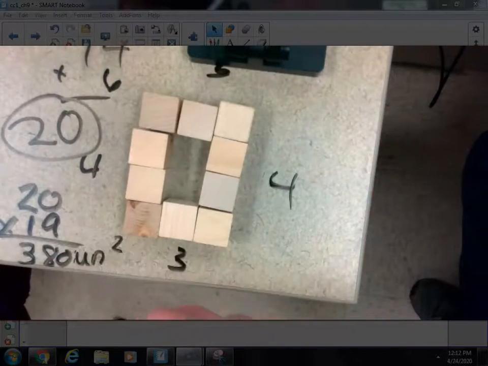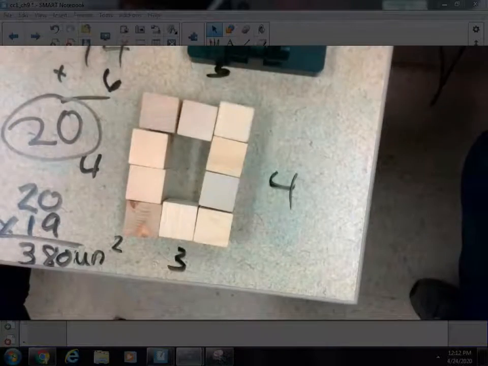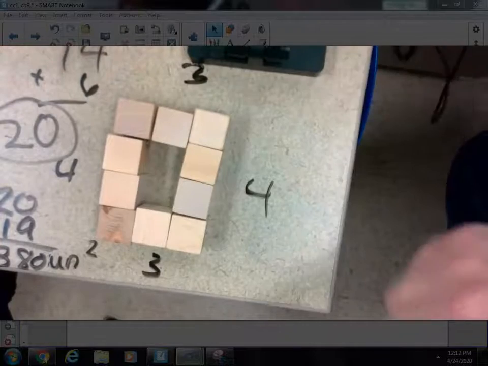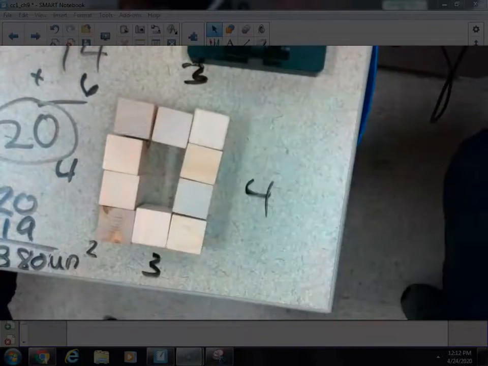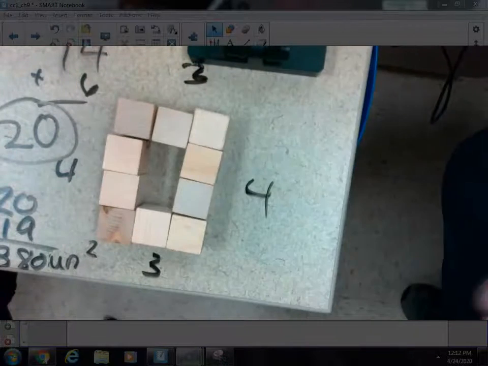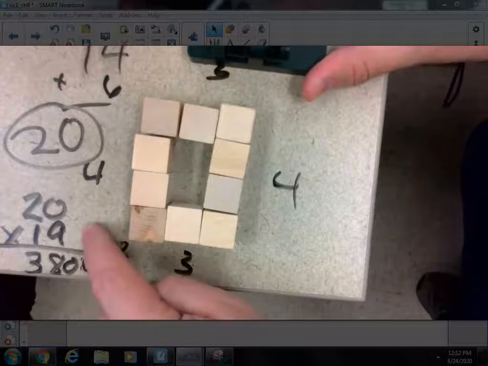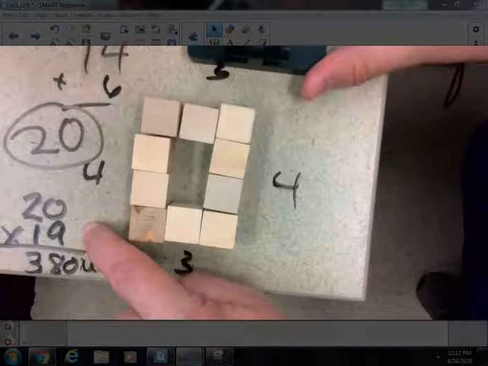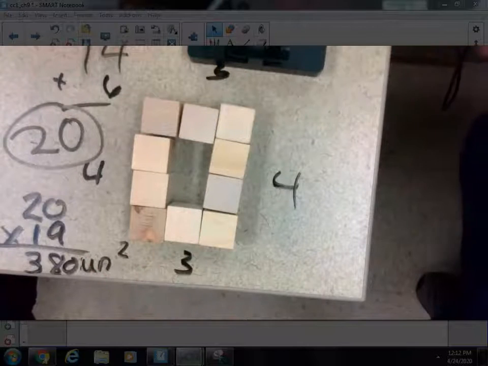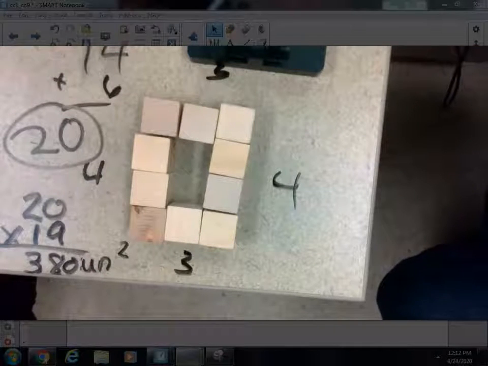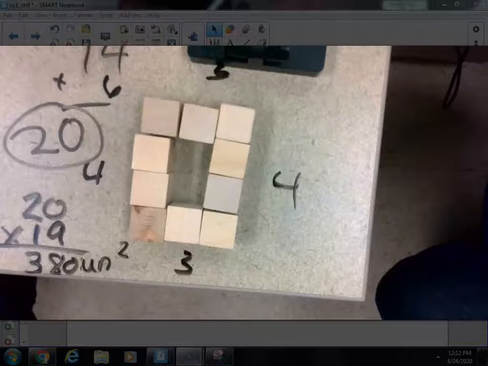We're just putting it along the outside and the inside walls. So we count up the area of our outside and the area of the inside where we're going to be putting glass, and we get 20 squared units for our first floor. We multiply that by 19 because we have 19 of those stories to give us a total of 380 units squared. So if you didn't get 380, maybe some of you forgot about the middle here, the courtyard.